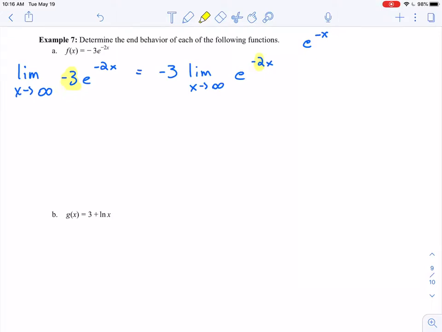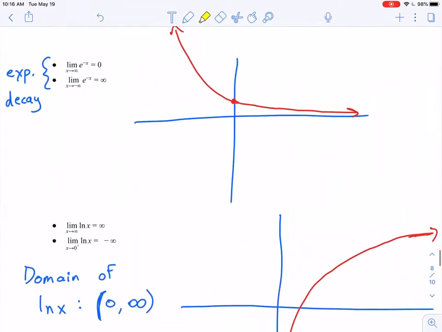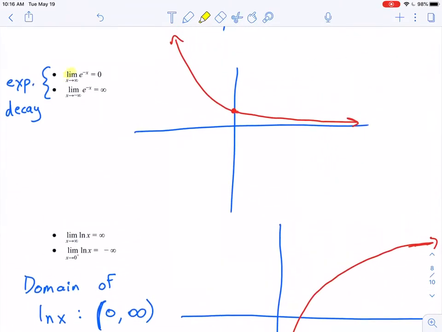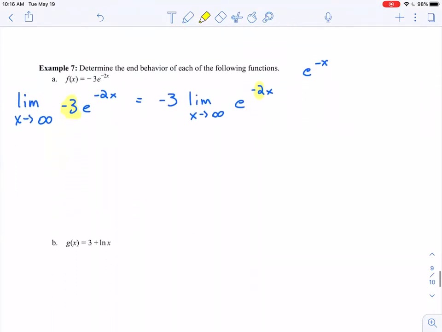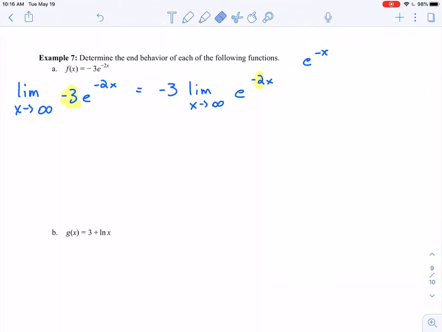And you might say, okay, basically wherever it's going to go, it goes there a lot faster. So in this case, if I look at the limit as x approaches positive infinity of e to the negative x, it's still going to approach 0. It's just going to approach 0 much, much faster now.